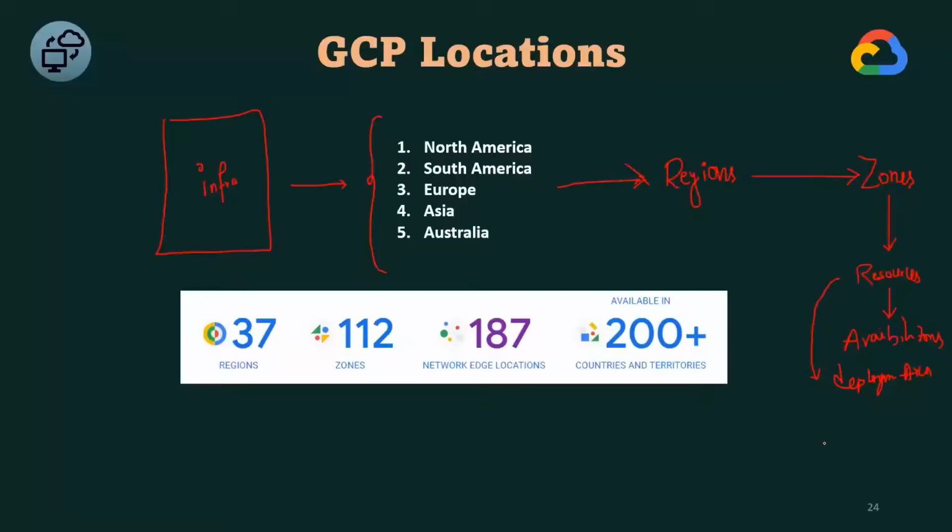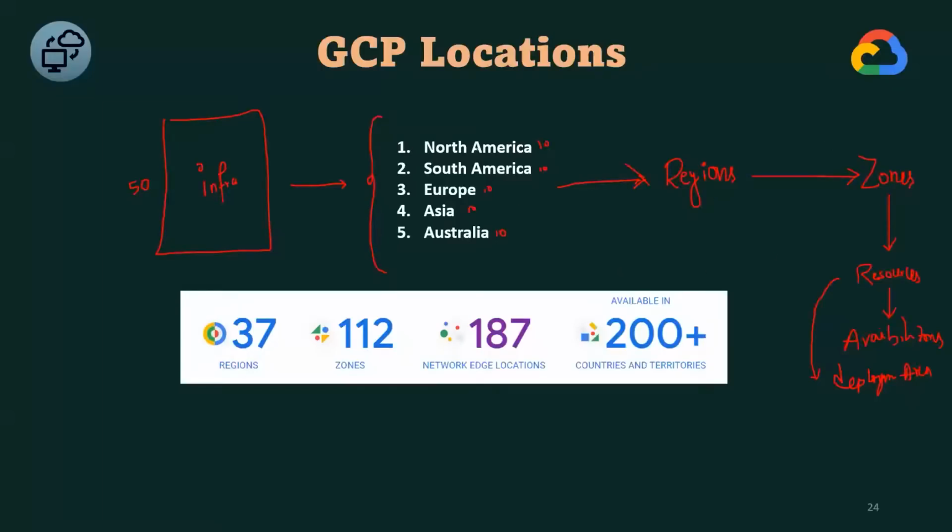Okay, so when you have an infrastructure, it will be divided into multiple locations. For example, if you have 50 infrastructure, it will be 10 here, 10 here, 10 here, 10 here, 10 here. If you take one of the locations, that location will have plenty of regions, and each region will have plenty of zones.